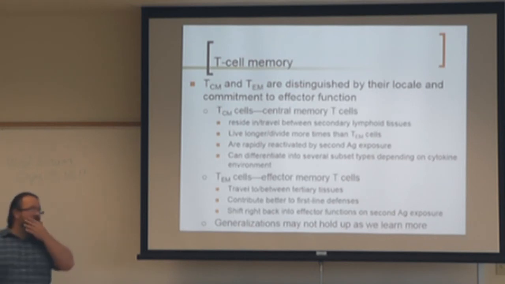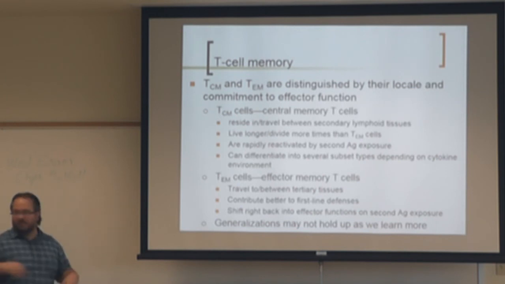Central memory, a lot of times this is just based on the location. Central memory cells are going to be found in the secondary lymphoid organs, whereas effector memory, those that are going to respond and turn into effector cells, are more out in the periphery. They're more in the tertiary lymphoid organs, the skin and the gut.